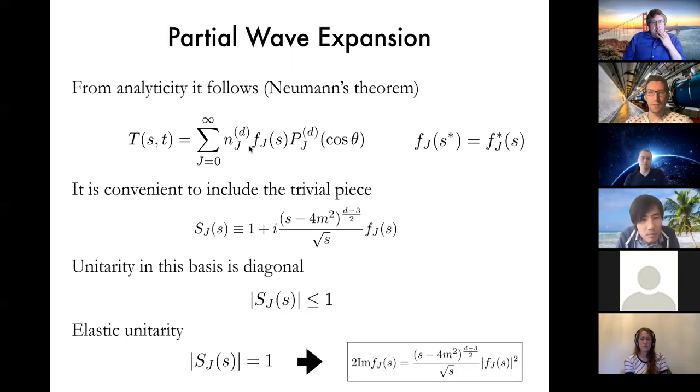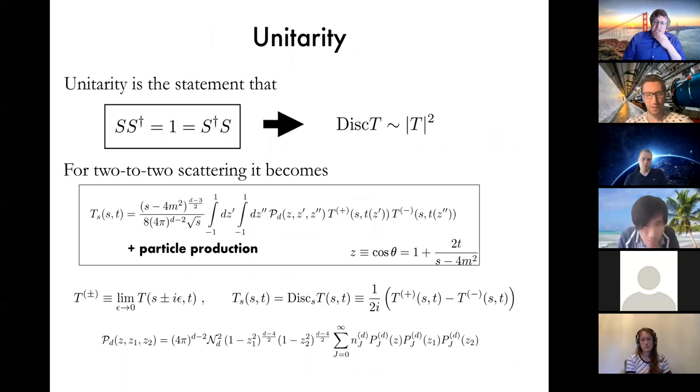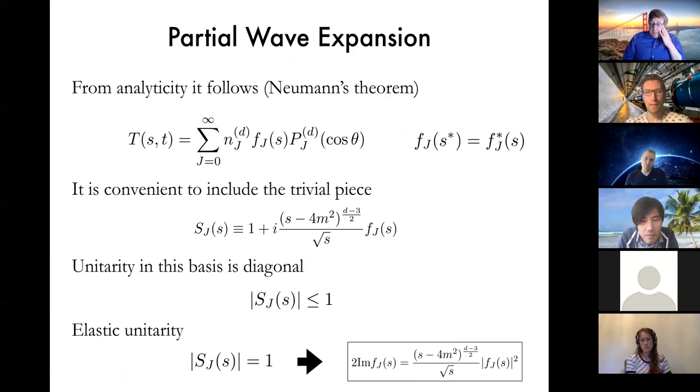I'm sorry, I didn't write on the slide what cosine theta is in terms of S and T. It was on the previous slide: it's 1 plus 2T over S minus 4. So you can write this expansion.